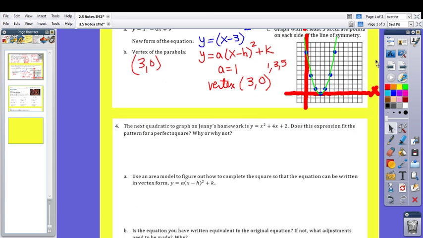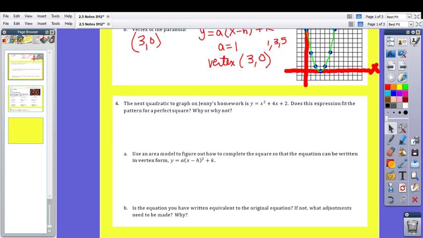Now let's do the next one. In this one, she has this equation. Now, can we make a perfect square of it like we did in this? Let's find out.